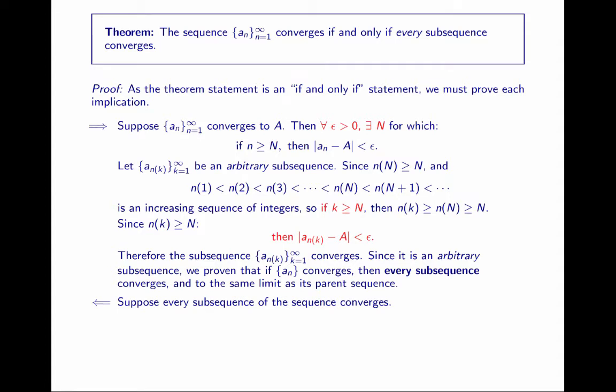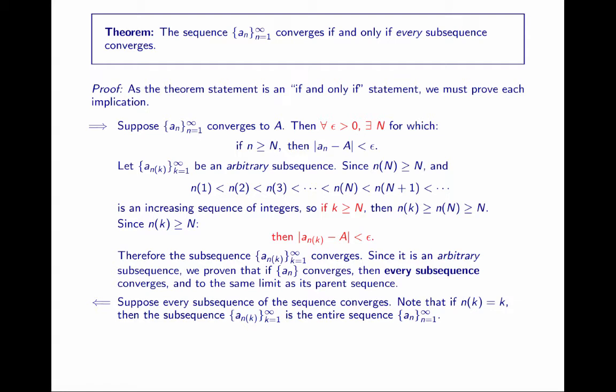Now let's prove the other direction. Let's suppose that every subsequence of the sequence converges. Well, the idea here is simple. One way to sample a sequence is to sample the entire thing.